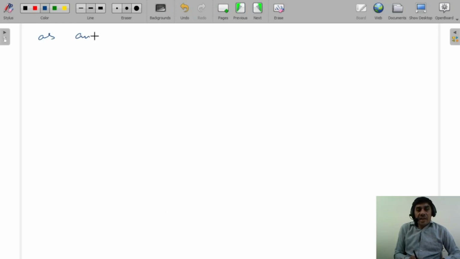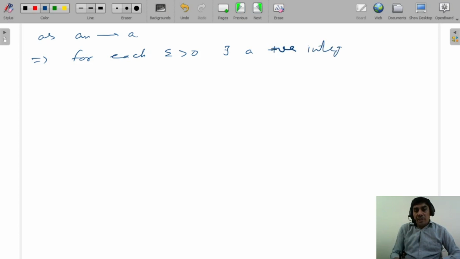As a_n converges to a, this implies for each epsilon greater than 0, there exists a positive integer N1 such that distance between a_n and a is less than epsilon by 2 for every n greater than or equal to N1.